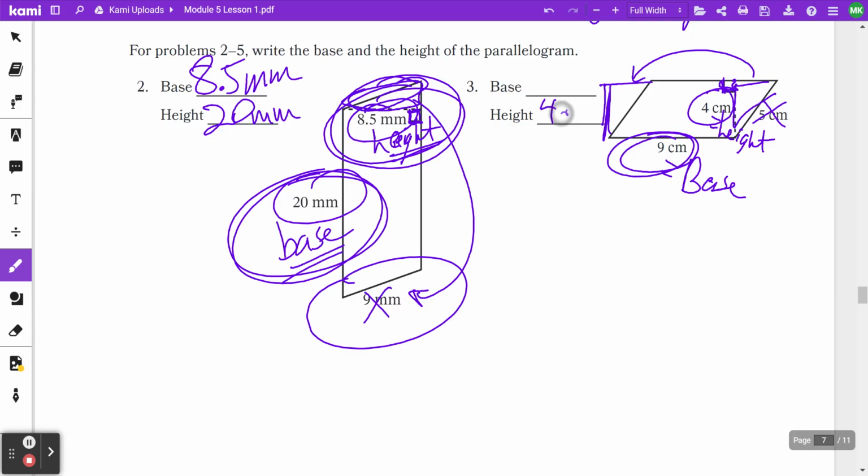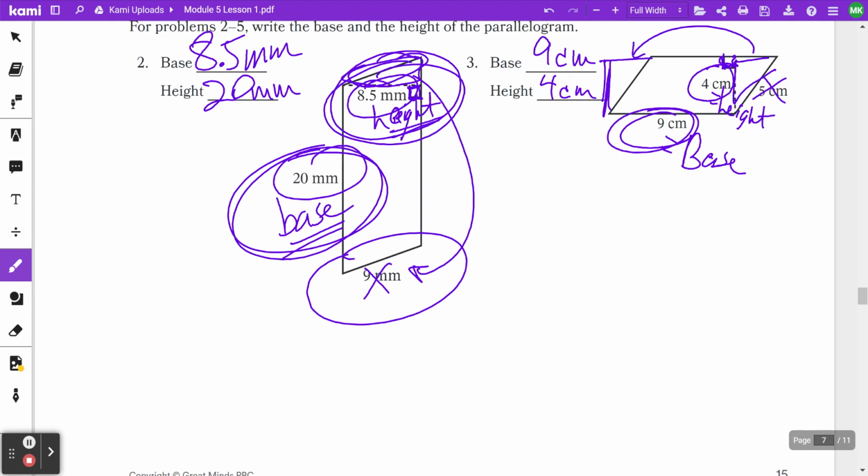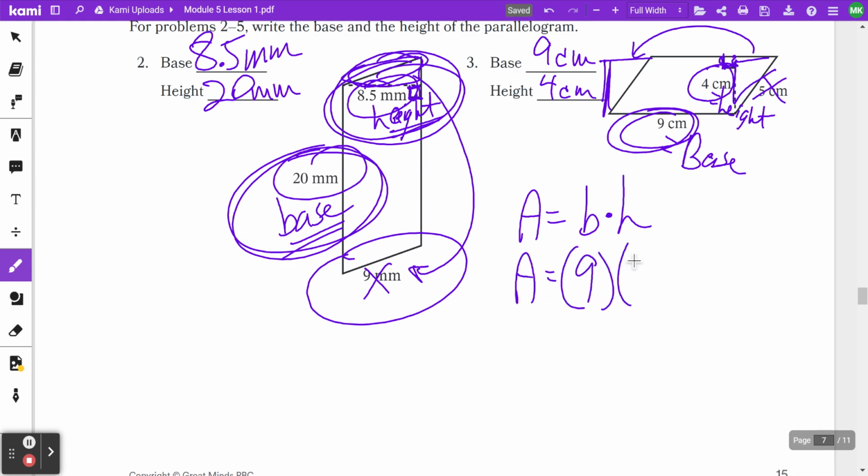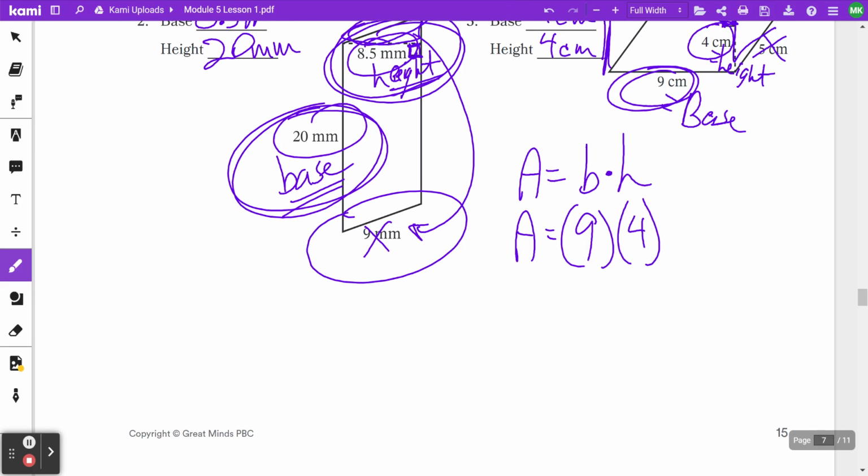So I'll put my 4 centimeter there and my 9 centimeter there. If I was asked to find the actual area, I would take my base times my height. So my area equals 9 centimeters multiplied by 4 centimeters, and my area would be 36 centimeters squared.